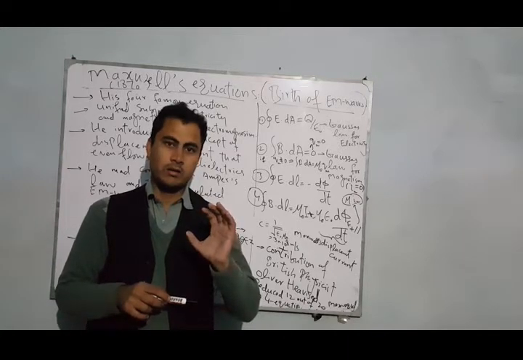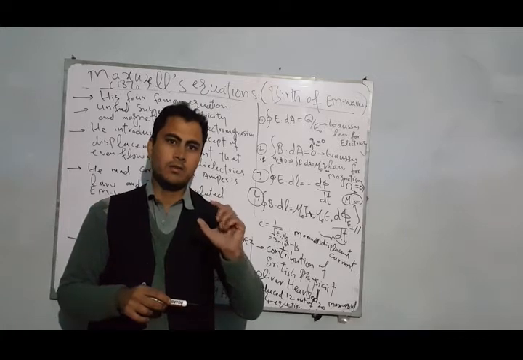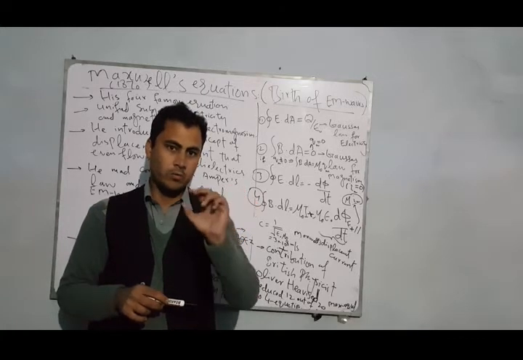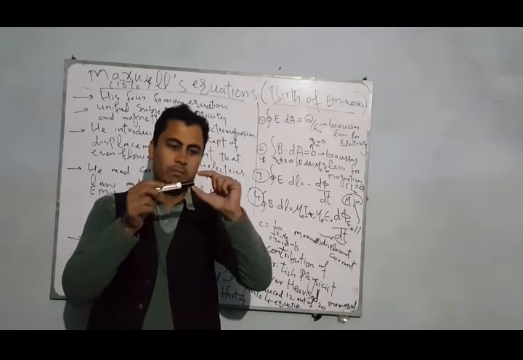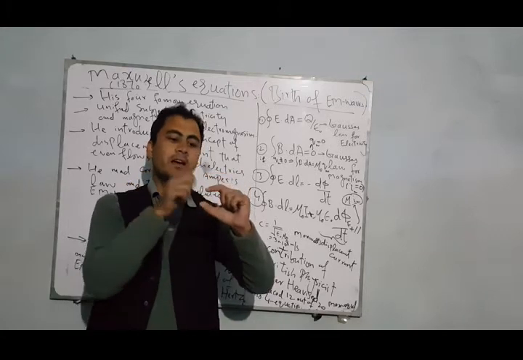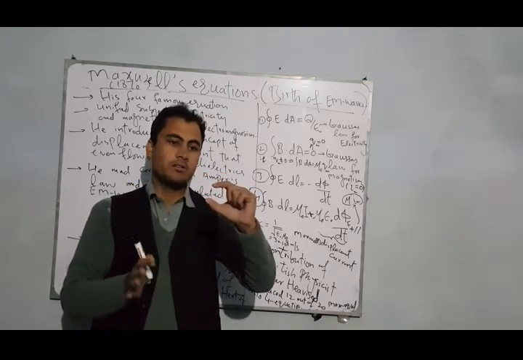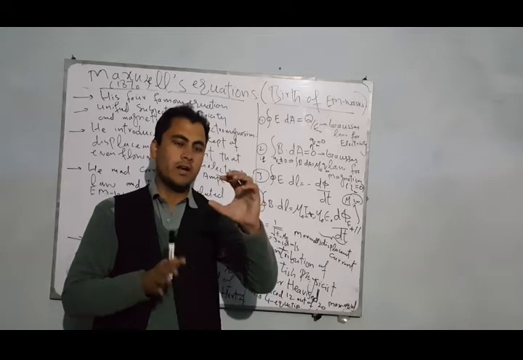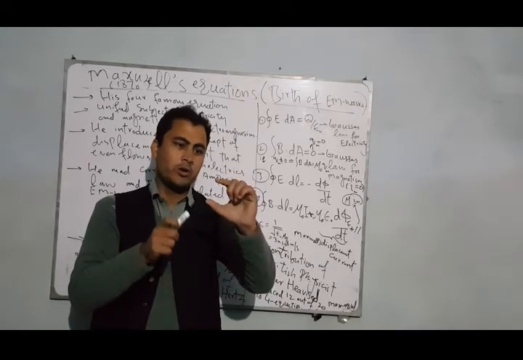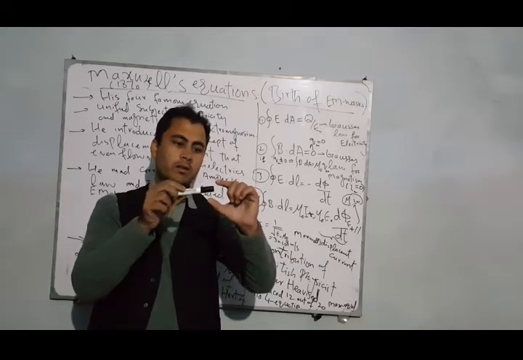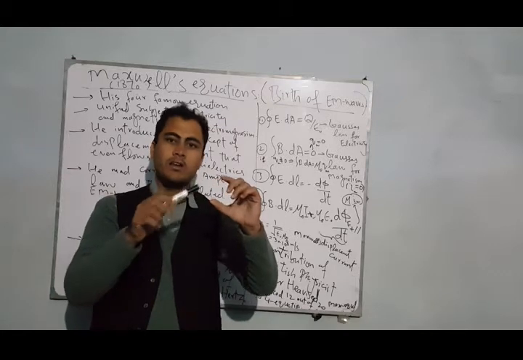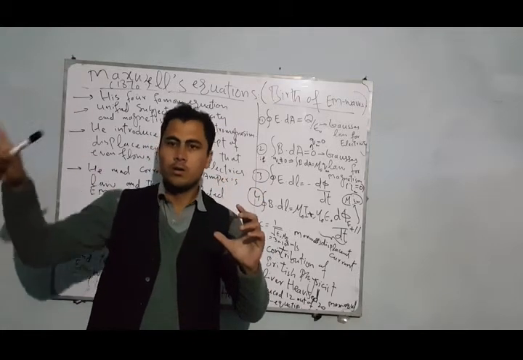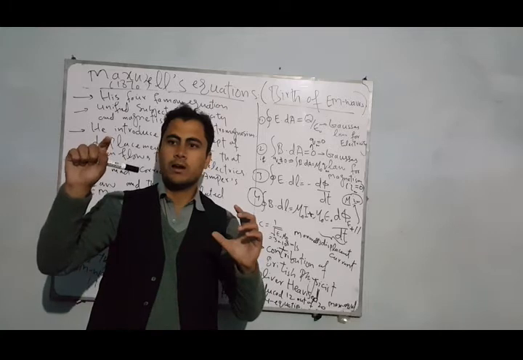Hertz basically took induction coils connected with small spheres having a small gap between them, which basically acted as a transmitter, and he supplied a fluctuating voltage to those induction coils, due to which a spark was produced in the gap between the spheres. He also took another loop of coil and connected spheres with it.